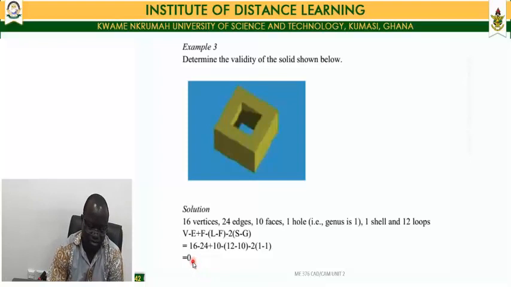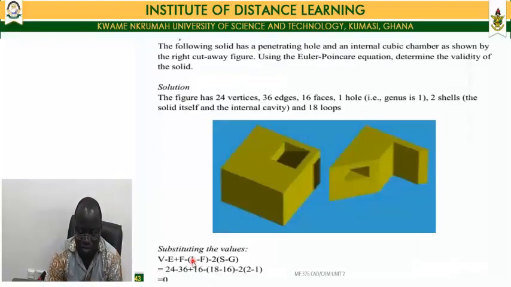Now, we need to pay attention to this a bit because this is a solid which has a penetrating hole here. This is penetrating because when you cut off, this view is showing a section through this. This is the section plane.